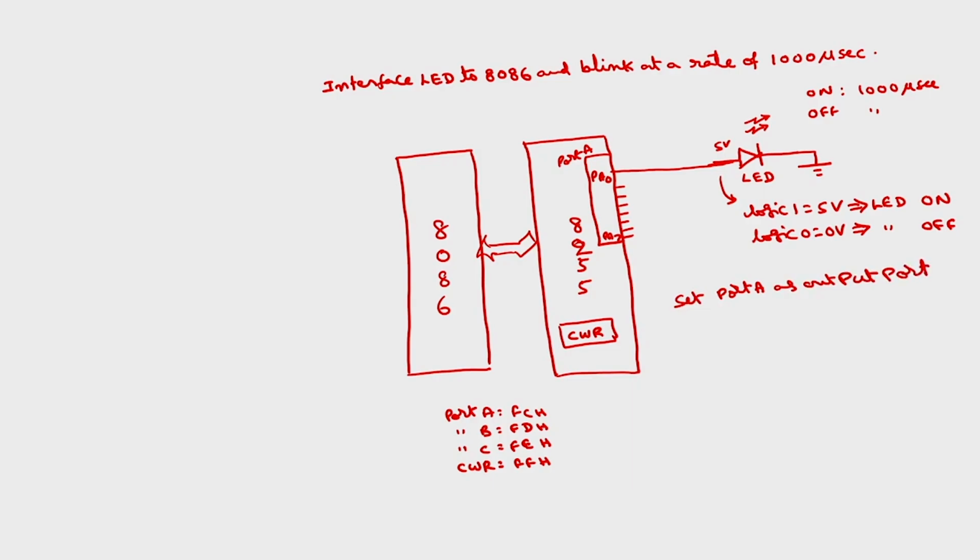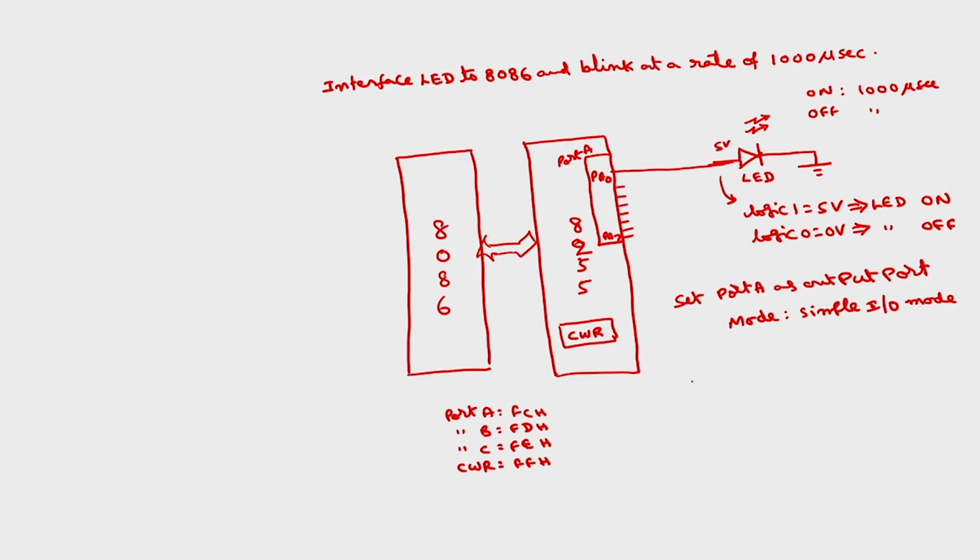And which mode? We take the simple mode 0. I will discuss the different modes later. Mode 0 is called the simple IO mode, where any port can be programmed as either input or output. And what about port B and port C? I do not care. Port B and port C can be either input ports or output ports, and port B can operate in either mode 0 or mode 1. I am not interested in those ports because I am not using them.